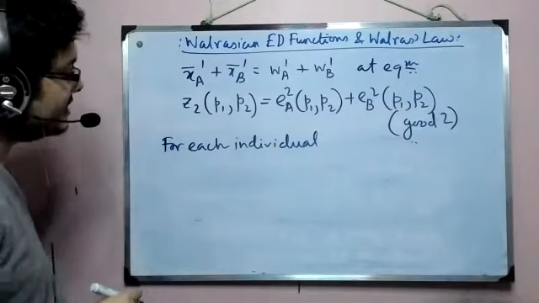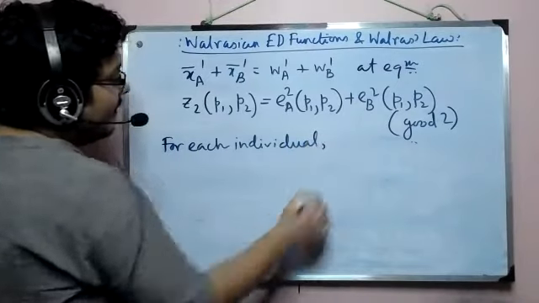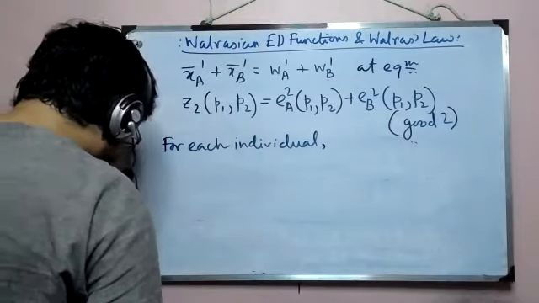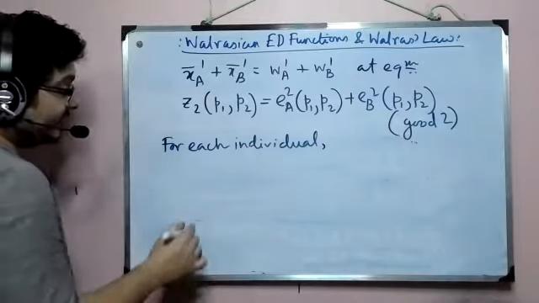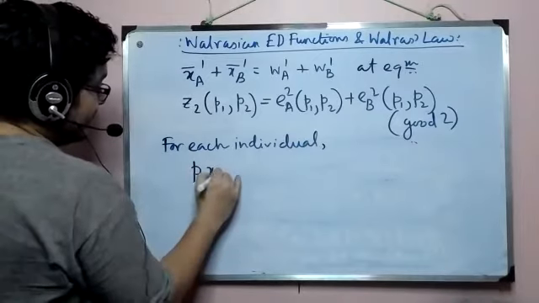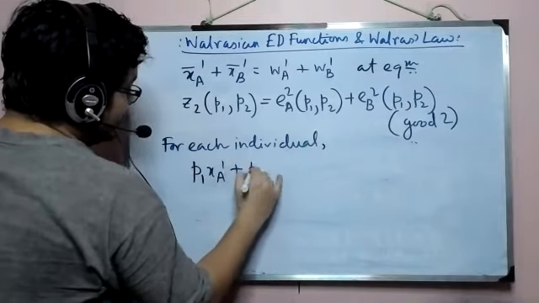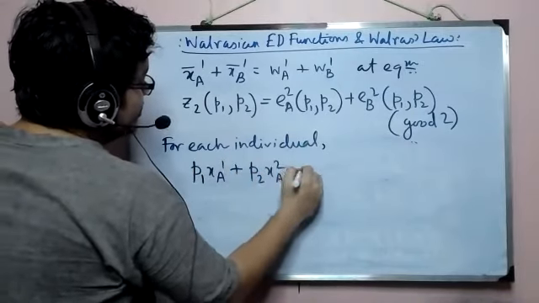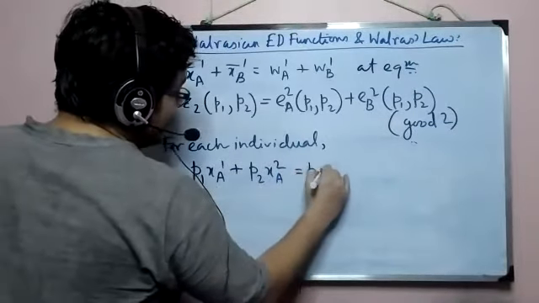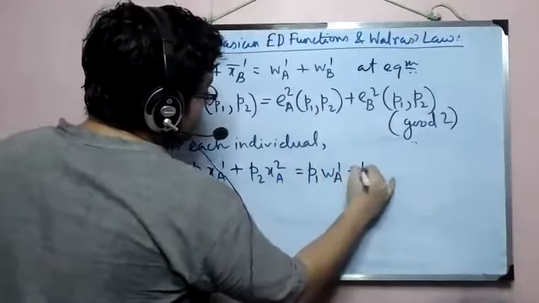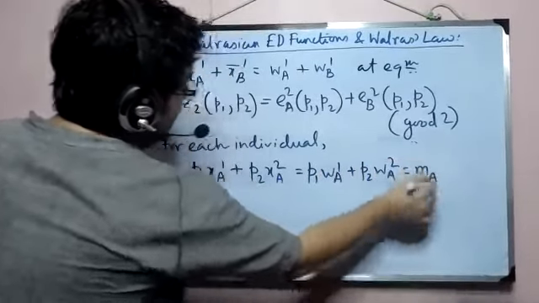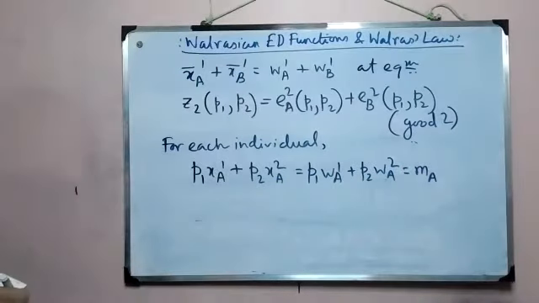So that means for each individual, whatever happens, the budget constraint must be satisfied. So let's look at the budget constraint of A. That budget constraint is just the standard one that we have studied in consumer behavior. There are two goods for consumer A. This is what you buy, and this is the amount of money or endowment with which he arrived, our M of A that we have denoted.